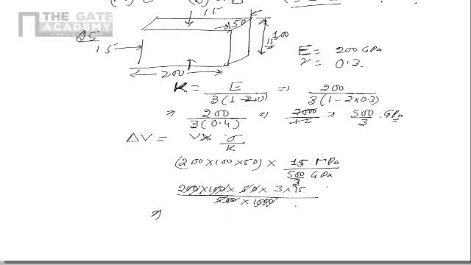In the end I will have 2 into 3 is 6 into 15, 90 millimeter cube. That's the answer, which is nothing but option B. Option A is 85, option B is 90, option C is 100, and option D is 110. So the answer is option B, which is 90.